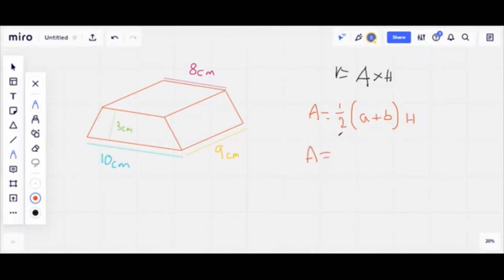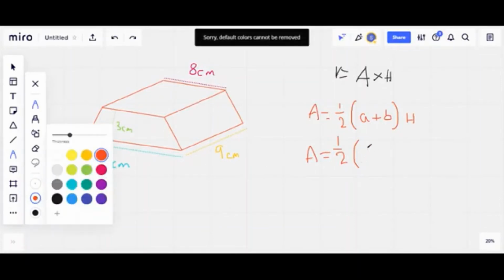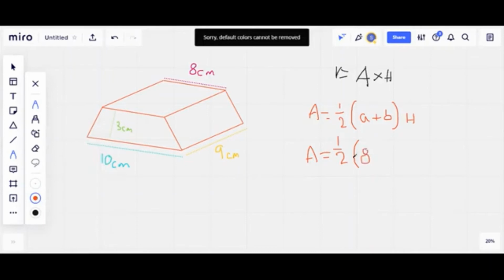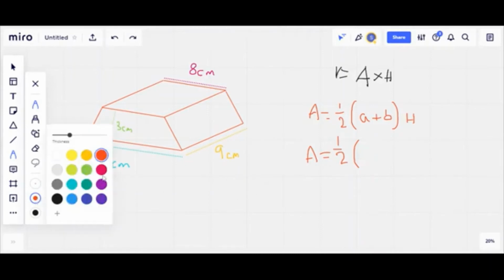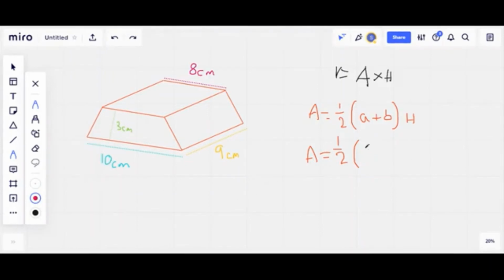Now we can start substituting values in. Area is equal to 1/2. Our A value is this top line, which is the same as this up here, because this is a trapezium prism, so it's the same length all the way through. That's going to be 8 centimeters, so A is 8.